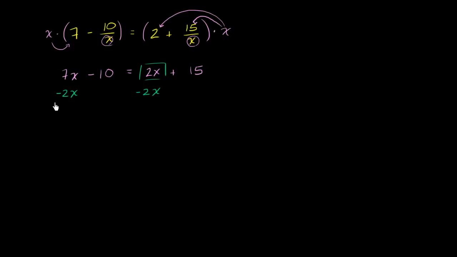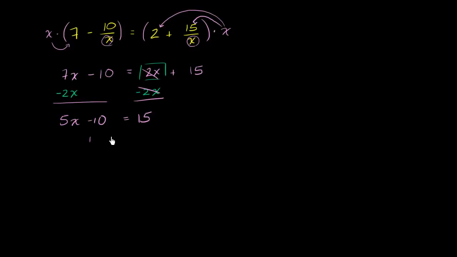And so we are left with, let me get that pink color again, the left-hand side, 7x, 7 of something minus 2 of something, where you're going to have 5 of that something, minus 10. These two x's negate each other, and you're left with equals 15. Now we can get rid of this negative 10 by adding 10 to both sides.